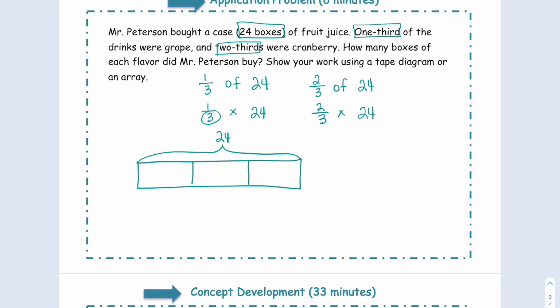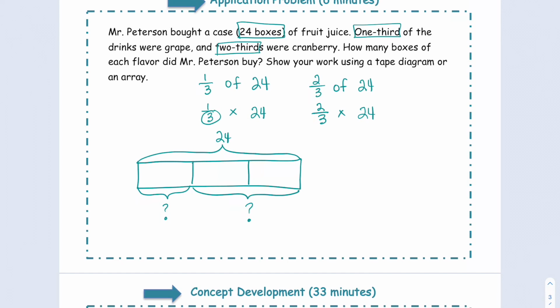And then the question is asking, how many boxes would 1/3 be? And how many boxes would 2/3 be? And even though I substituted the word of for multiply, to me, it makes more sense to use the word of. You just have to remember that it also means multiply.